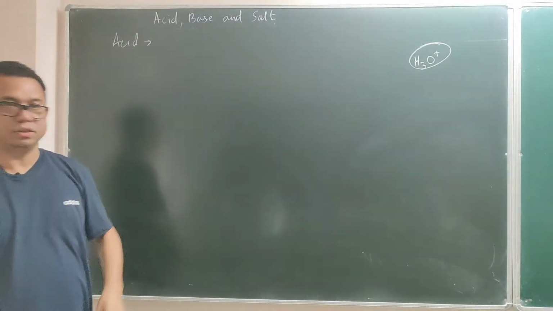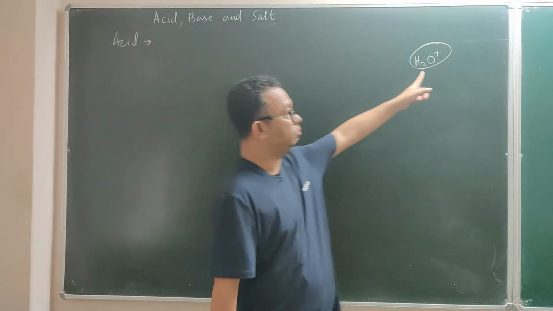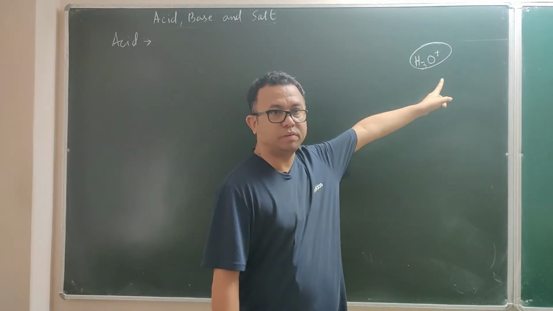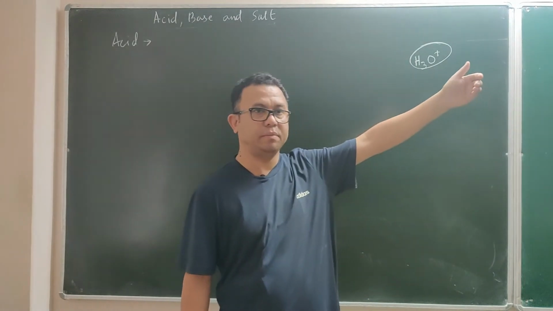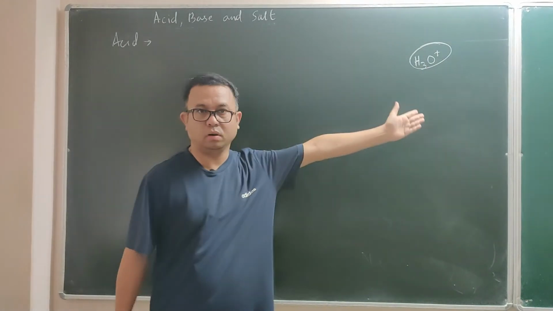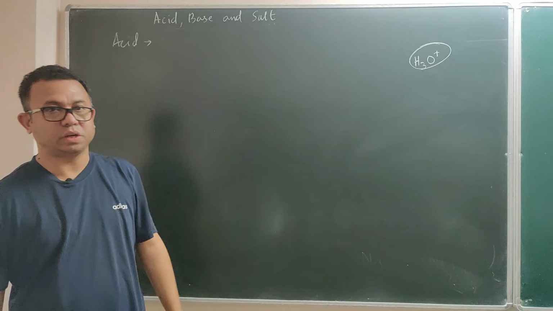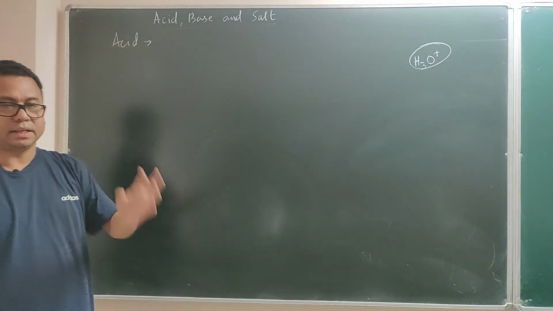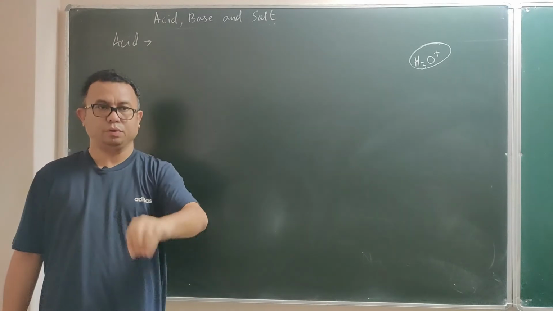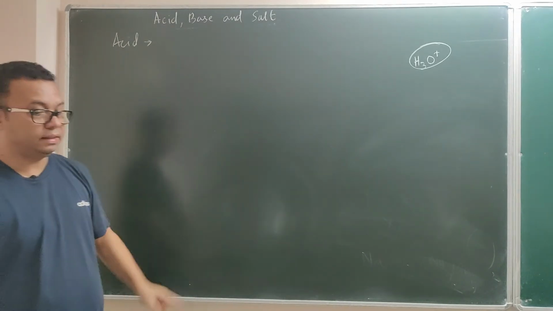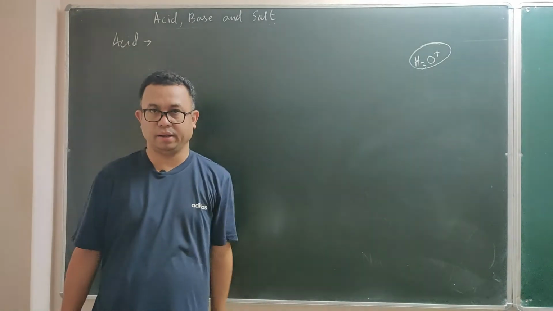You all know what hydronium is. We have seen in the chemical bonding chapter how the hydronium ion was formed, with a coordinate or additive bond. An acid is considered an acid if, when dissolved in water, it produces only one type of cation, and that cation should be the hydronium ion.